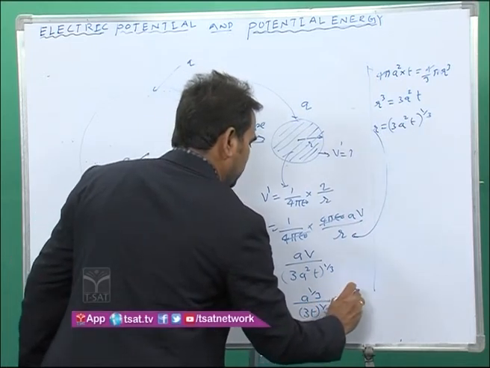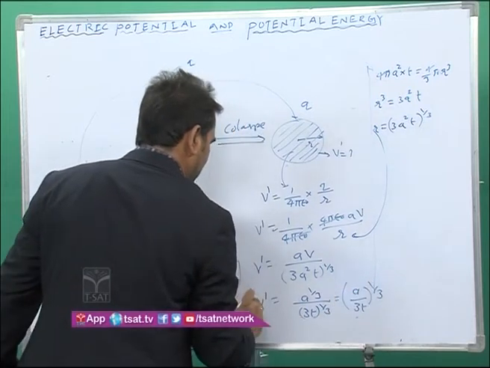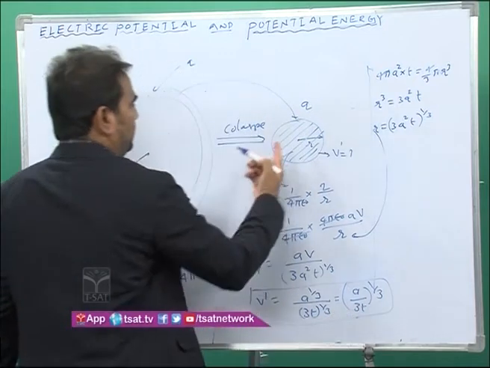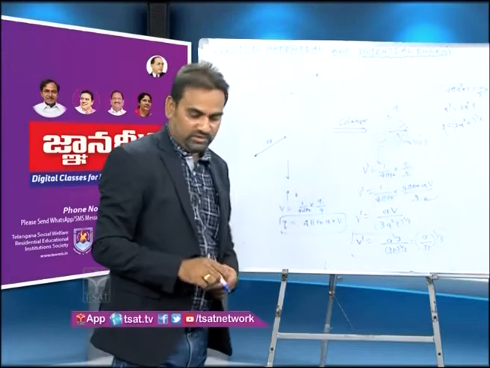That is equal to V into a by 3t whole power of 1 by 3. This is the final potential of the droplet. It is a very important model, from the previous advanced question.